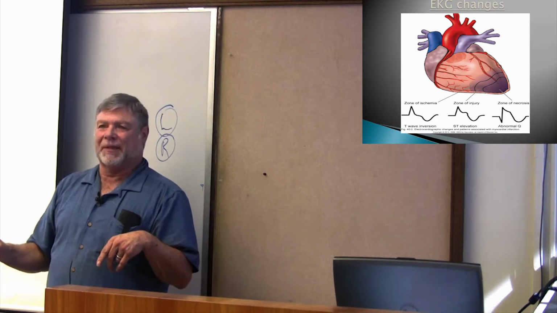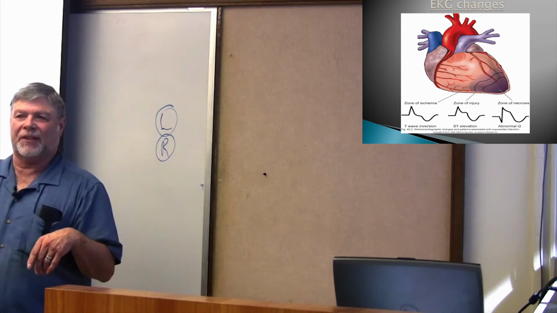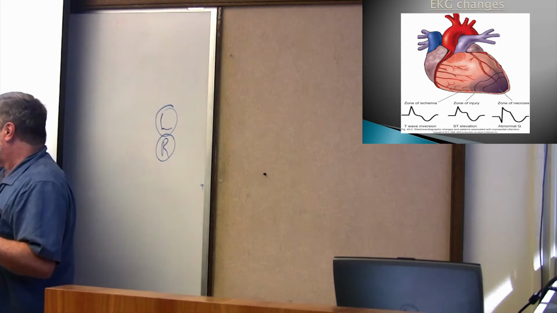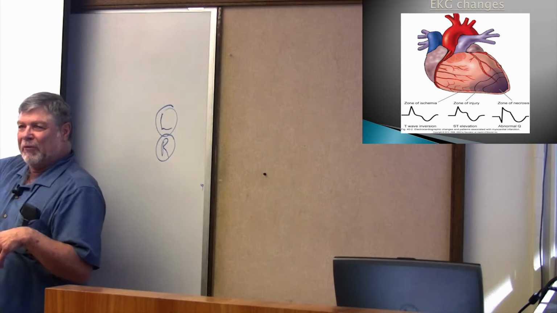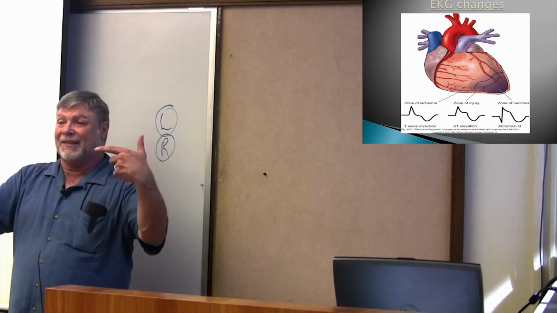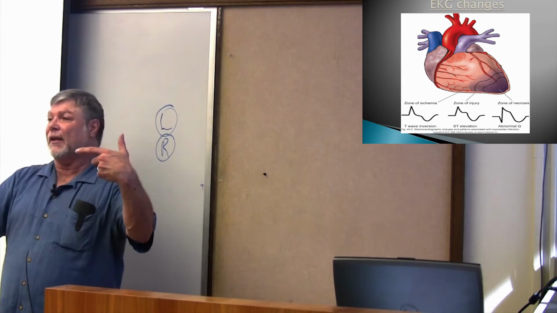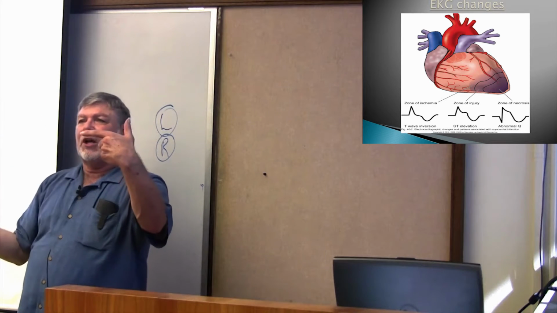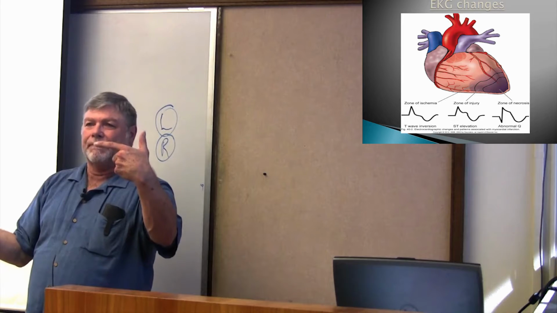We haven't talked about this yet, but the answer is yes. It should be at the isoelectric level. So basically, normally you have this segment before the P wave, and the ST segment following. They should be at the same elevation when you're looking at that EKG. And if it's above or below, that indicates problems.